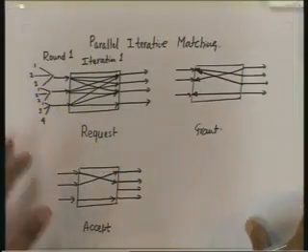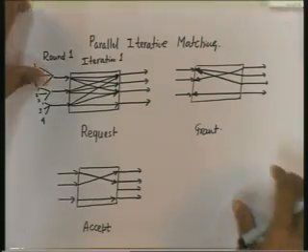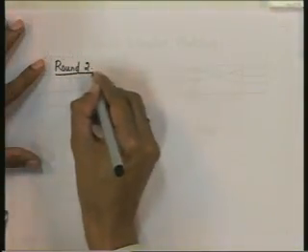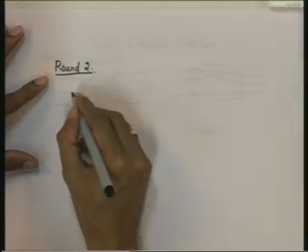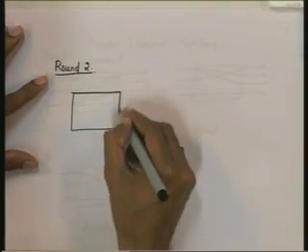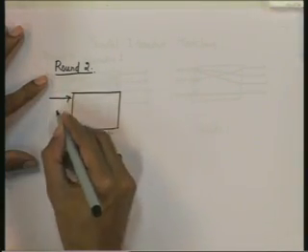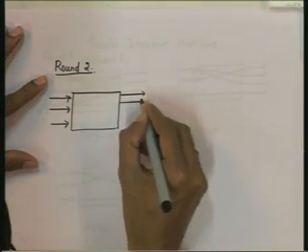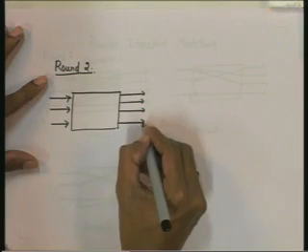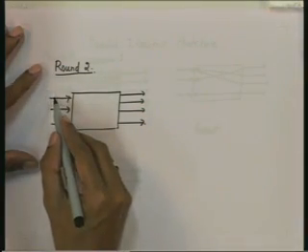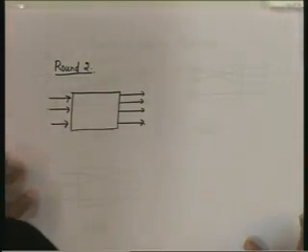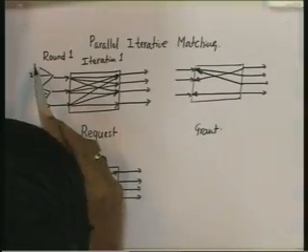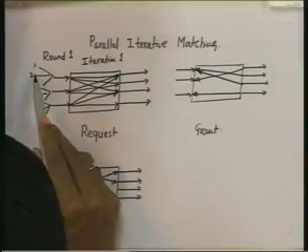Now in round 2, we again start with the request phase. Now recall that in round 1, packet 2 has already been sent.